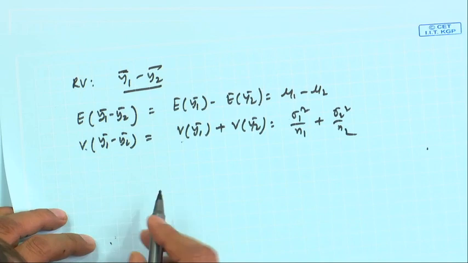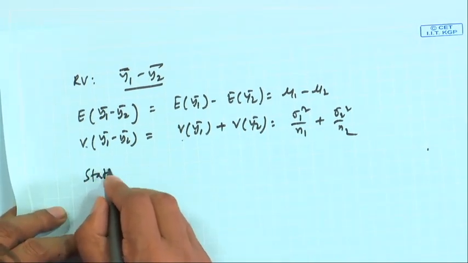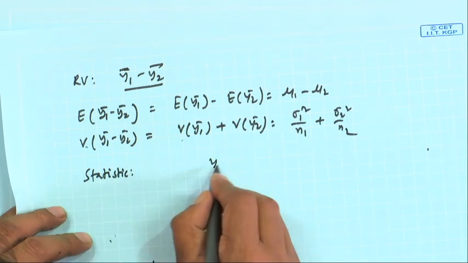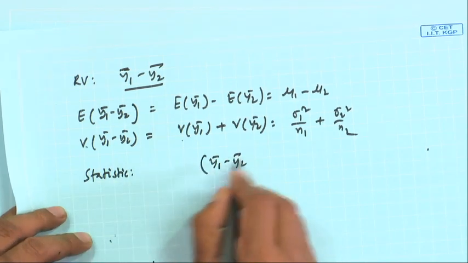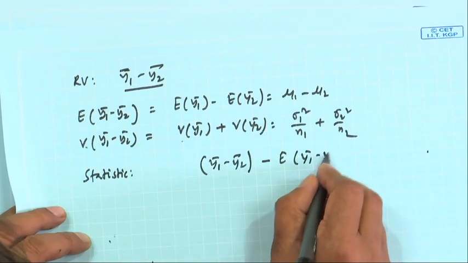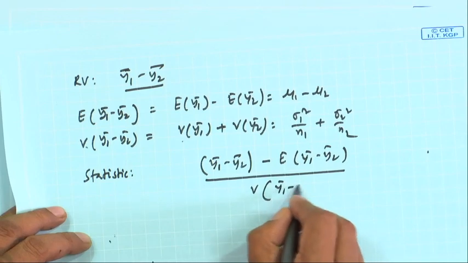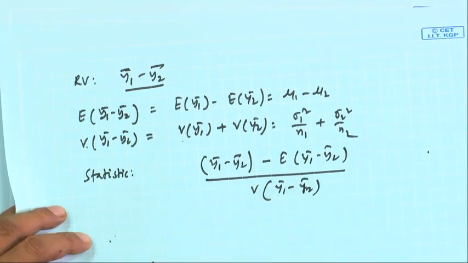Okay. Now, we will create a statistic here. That statistic is y1 bar minus y2 bar, that is the random variable, minus its expected value, divided by its standard deviation.